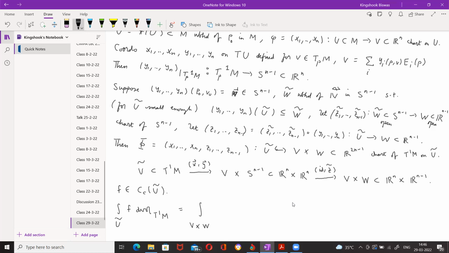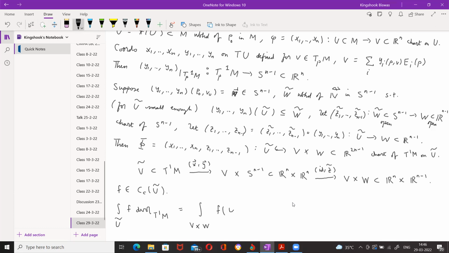So this will be the integral over V cross W of, let me just write it directly. It will be like we did for the Riemannian volume of N.